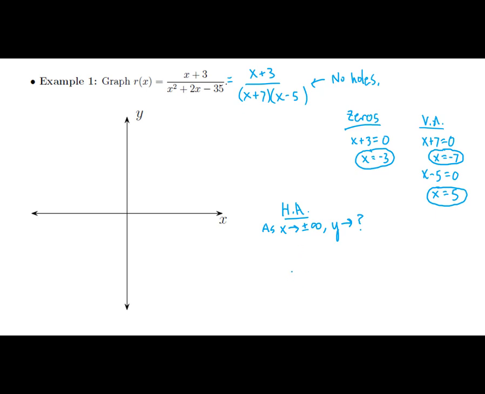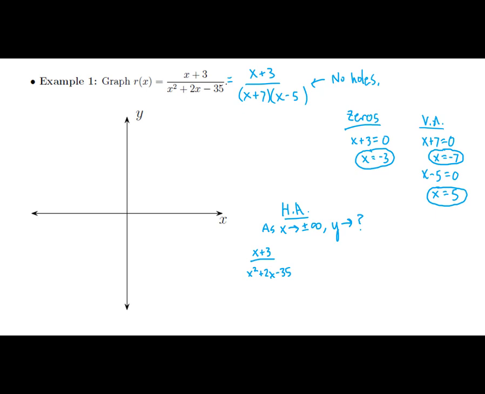If we can answer that question, then we know what our horizontal asymptote is. So in order to do this, what we're going to do is take our original expression, our original function, x plus 3 over x squared plus 2x minus 35.